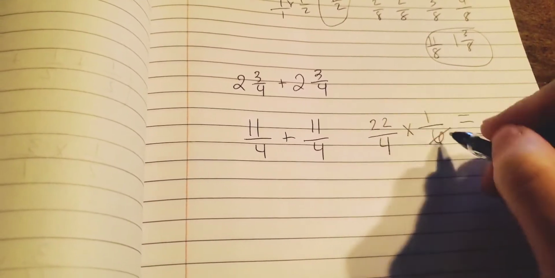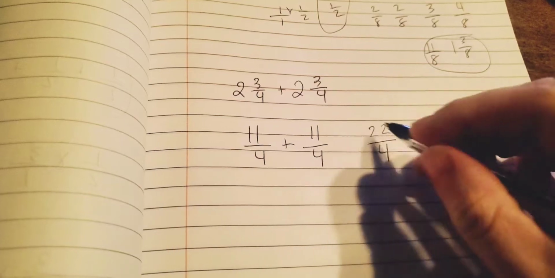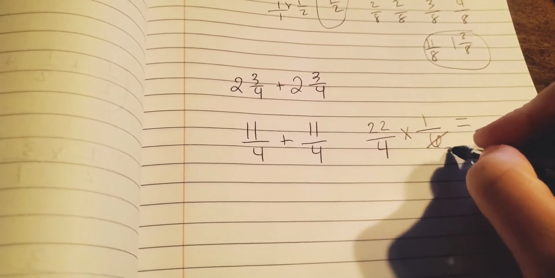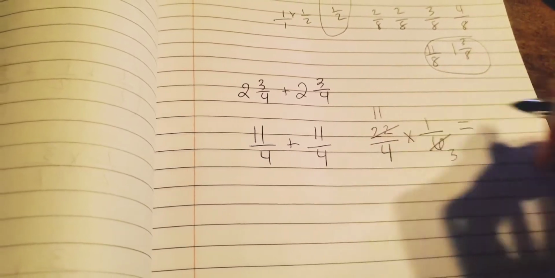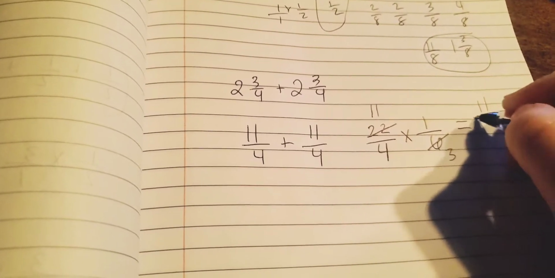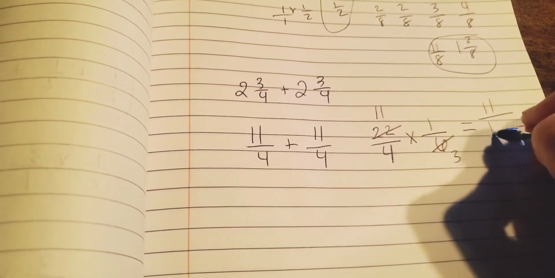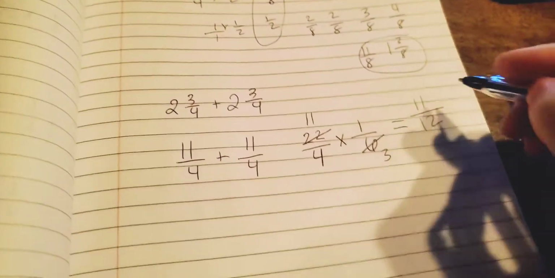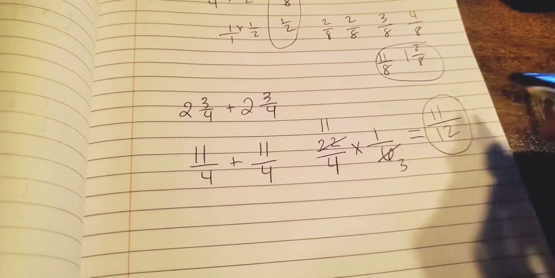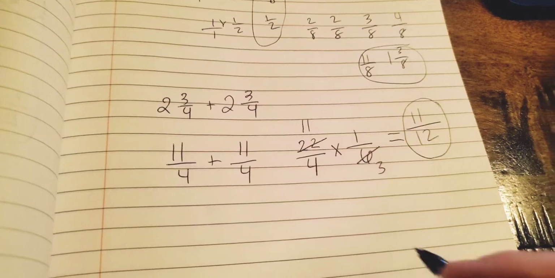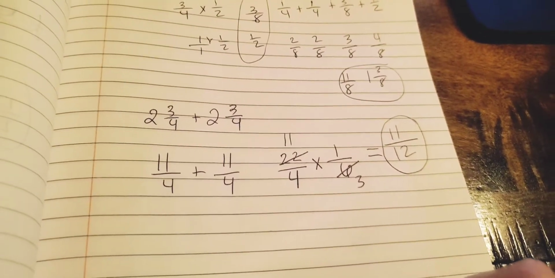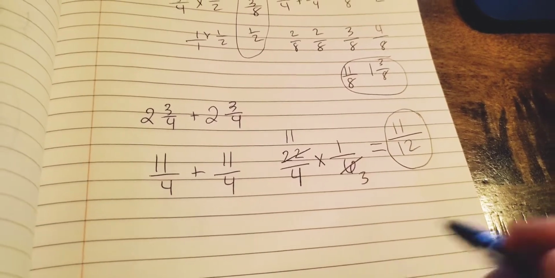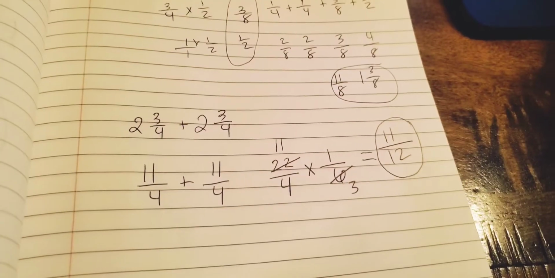We know that these are 2 even numbers, so obviously 2 can go into both of them, which means this turns into a 3, this turns back into 11, and then you go across. So that's 11 over 12. So now each friend is going to get 11/12 of an ounce. That would be terrible to pour, but that's just how it would be.